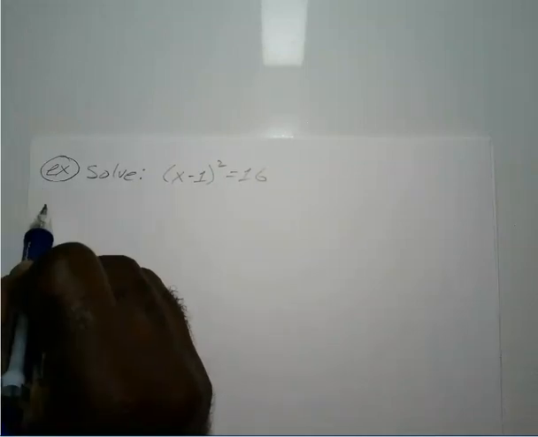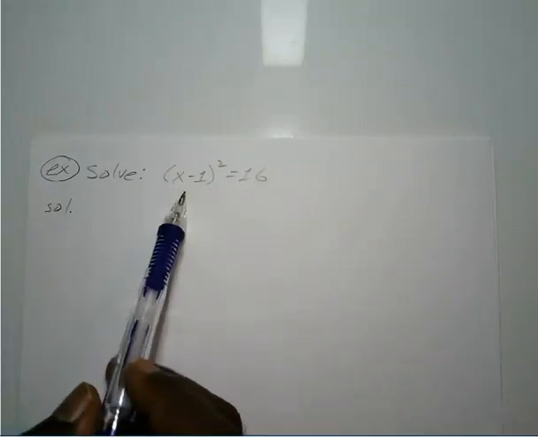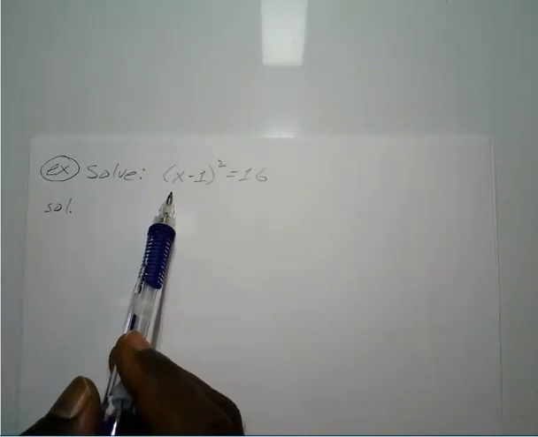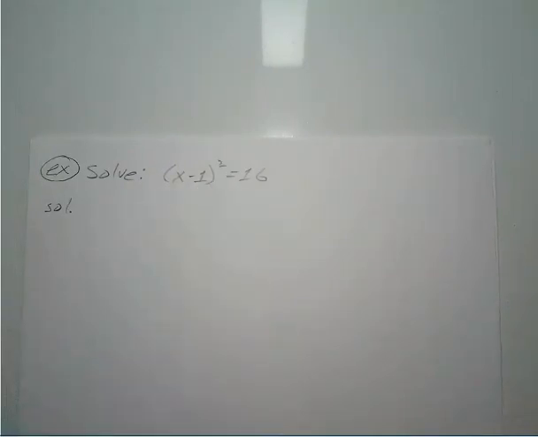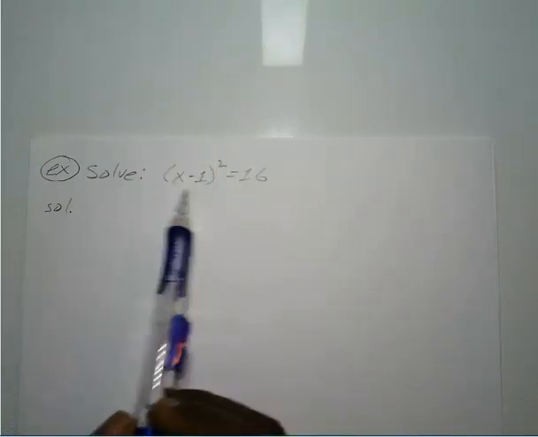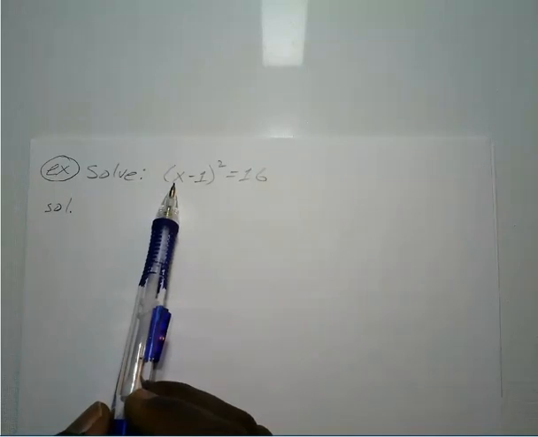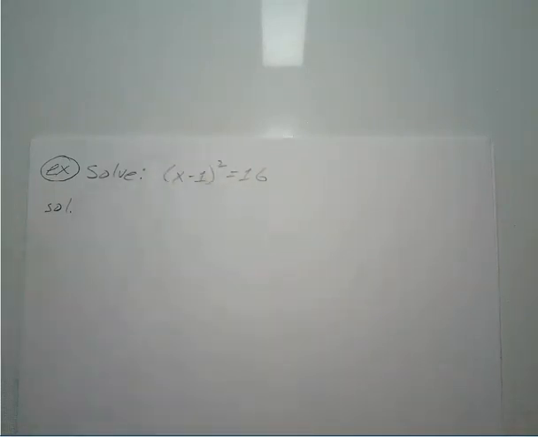Okay. So before, when we had just the variable squared, we would isolate the x squared or y squared or whatever it was. Here we have (x − 1) squared. So our first step is to make sure that our variable term is isolated. We don't have to isolate the x squared because it's not just x squared. We want to make sure that entire term is isolated.